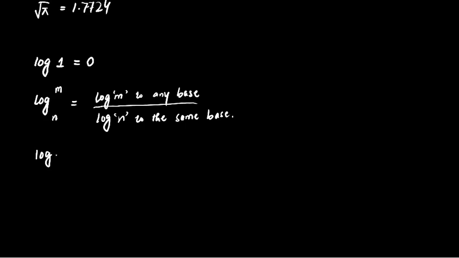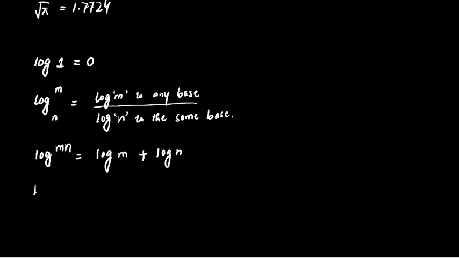And the third case is if you have log of m into n as power, then you can write it as log of m plus, it converts into addition, log of n, right?